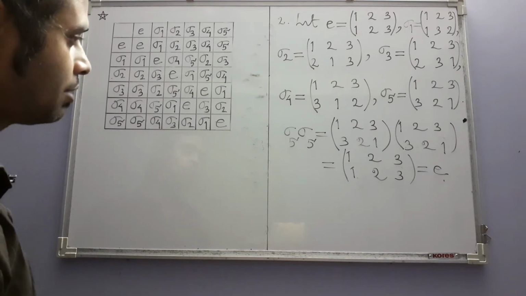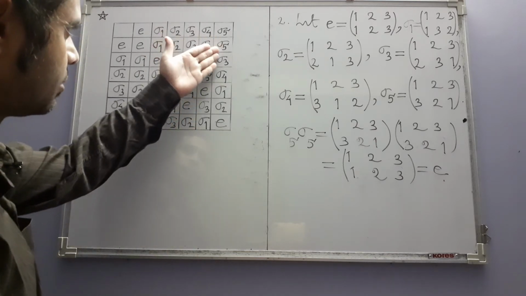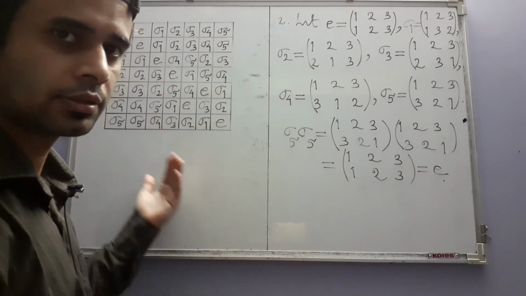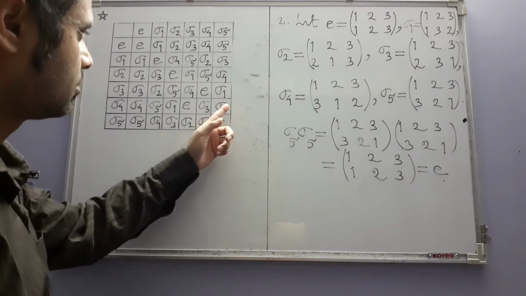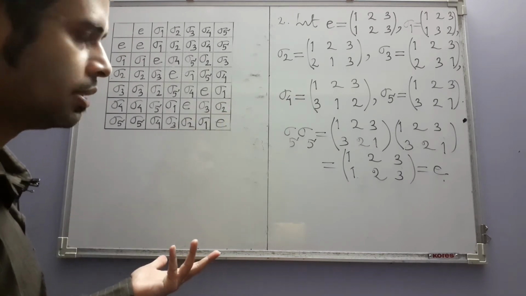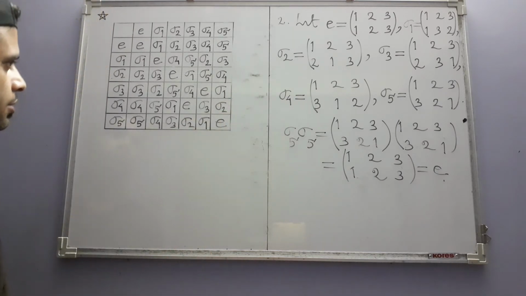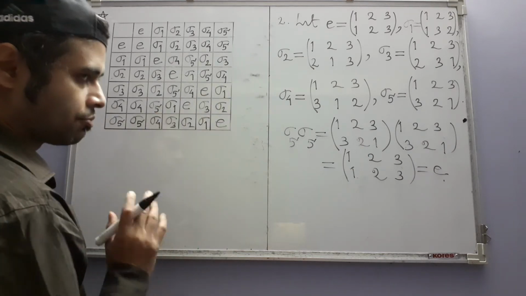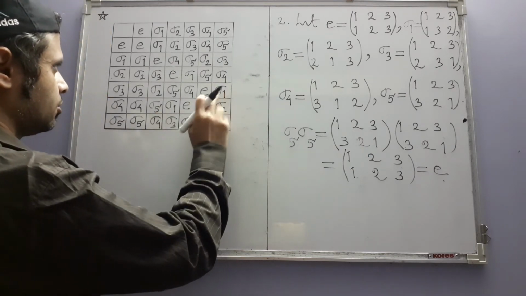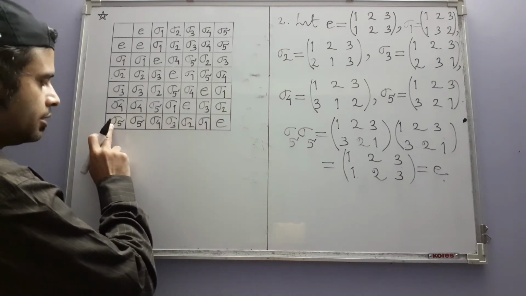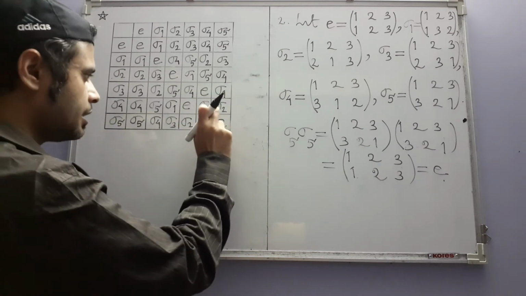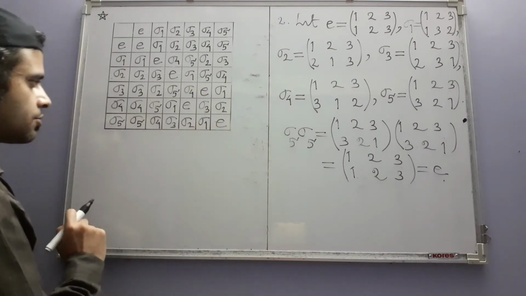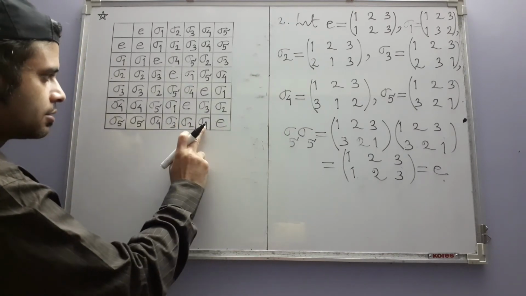Now, how am I able to say that in the last stages of these calculations along each row, the last one is the remaining one? That is because if it is not the remaining one, for example, in this row, say this is not E, then it will be one of these.